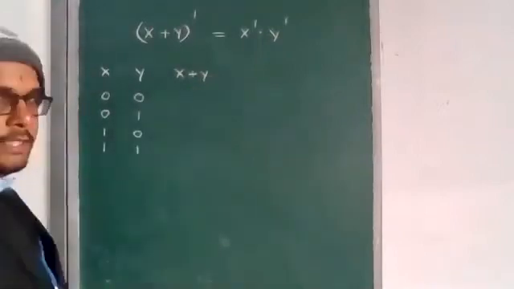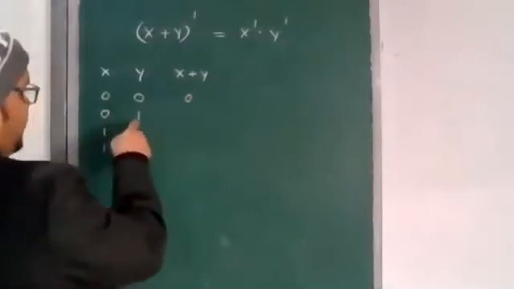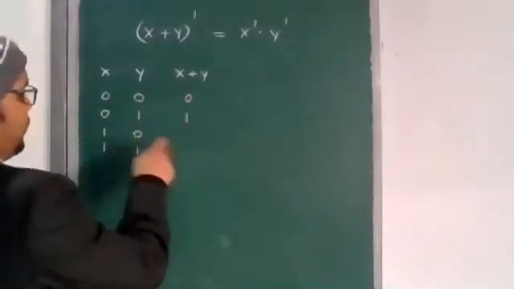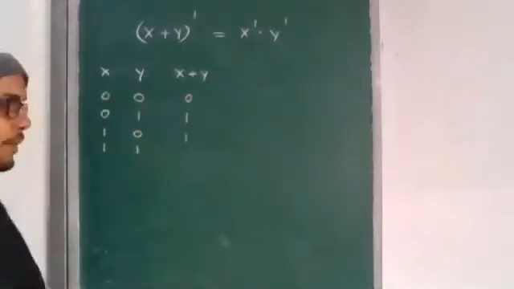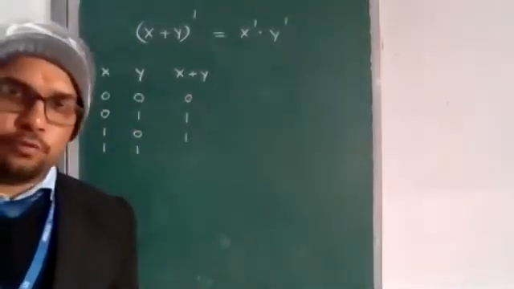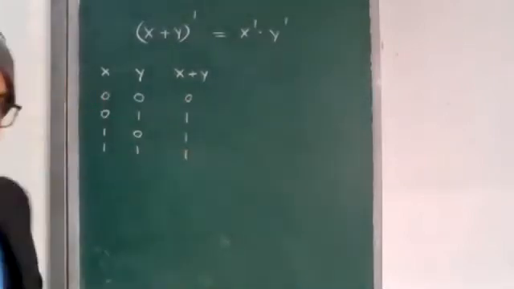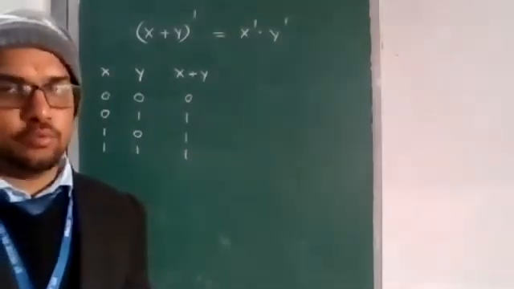The result of this is 0 plus 0 that is 0, 0 plus 1 that is 1, 1 plus 0, 1 and 1 plus 1 means when any one or both the inputs are true, then the result is true. So this means 1 plus 1 is also 1. You don't say 1 plus 1 is 2.